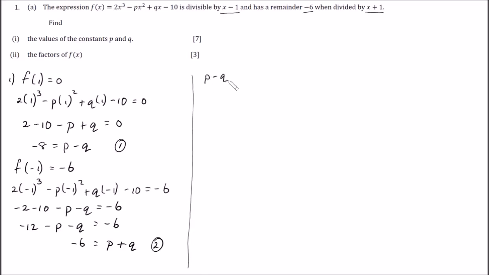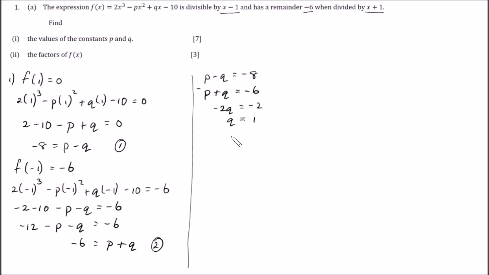So p − q = −8, and p + q = −6. So subtracting, −2q = −2. So q is equal to 1.